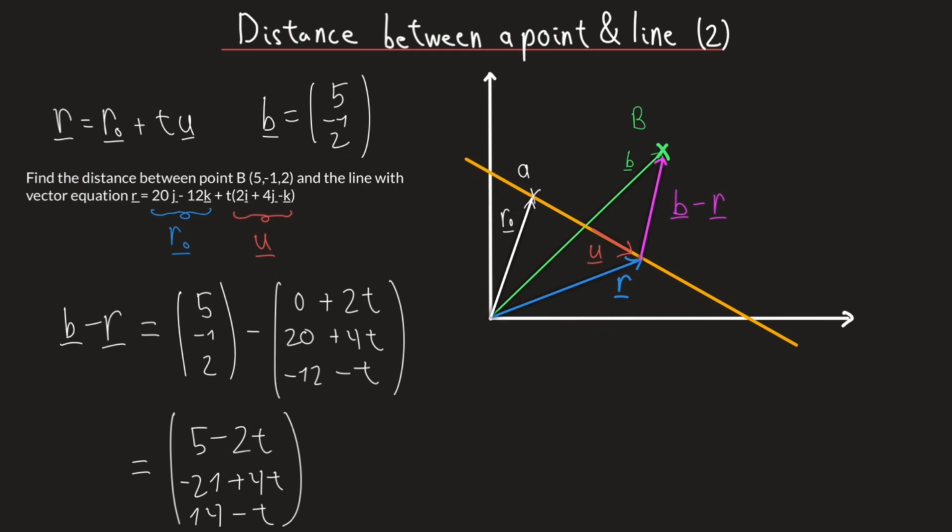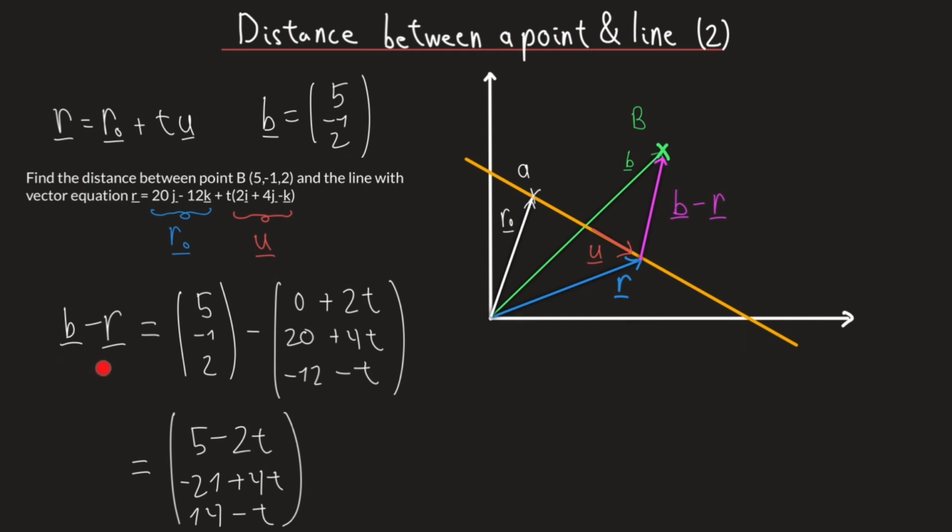And our goal is to choose b minus r such that it is perpendicular to our line, and therefore to our direction vector u. That is the essence behind determining the distance between the point and the line. Because remember, I chose r to be over here, but I could equally have chosen r to be over here, because it also represents a point on our line. And so r is a variable.